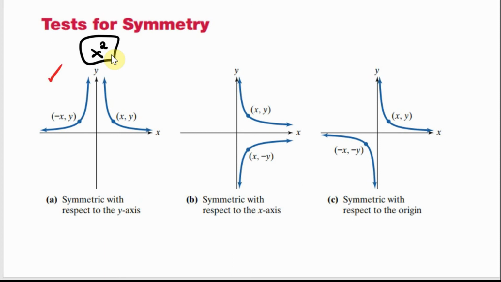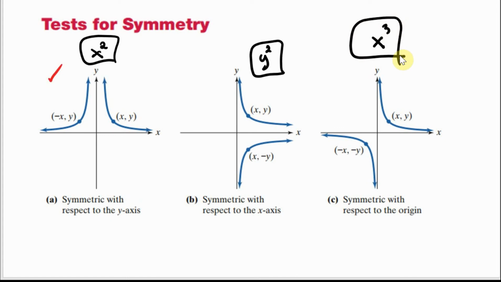And I'll show you that in just a minute. If it's symmetric with respect to the x-axis, then you're going to have y squared as the major term. And then symmetry with respect to the origin is going to have some kind of form, typically some x to the third.